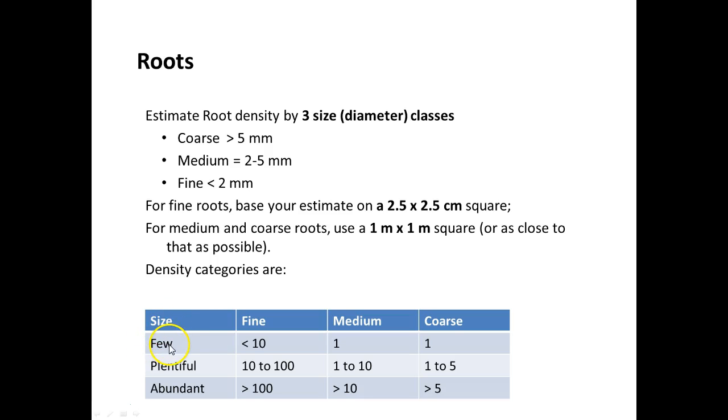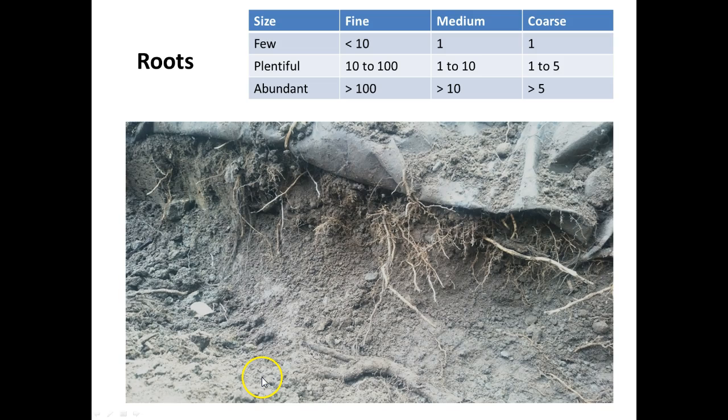Now the density categories are grouped as such. You will quantify fine, medium, and coarse as few, plentiful, or abundant, depending on how many roots you find in each of these classes. So for instance here, this should look familiar. This was in the Logger Sports field. You would have most of your roots probably in this A horizon, and lower down in the B there were a lot fewer roots because it was so compacted, right?